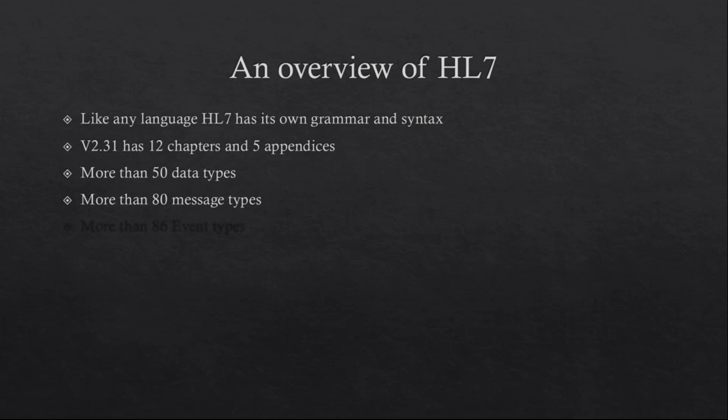There are apparently more than 80 message types within HL7 and more than 86 event types. We'll be looking at almost 10 to 12 message types which are frequently used within the hospital industry, and also the event types associated with them.